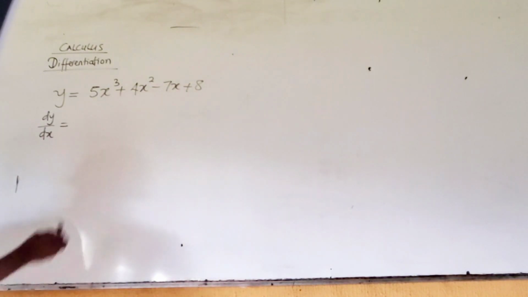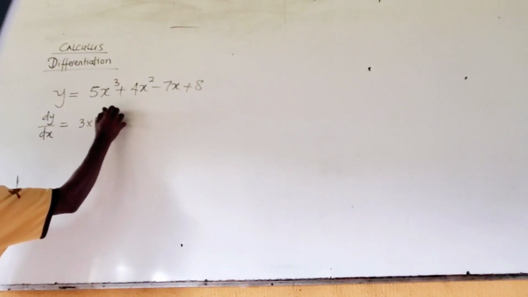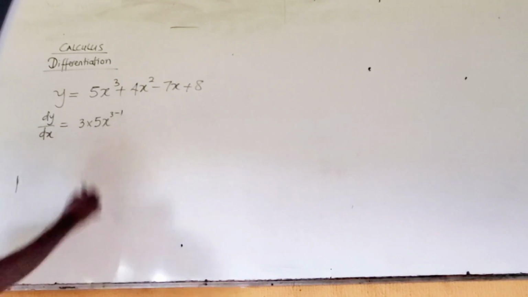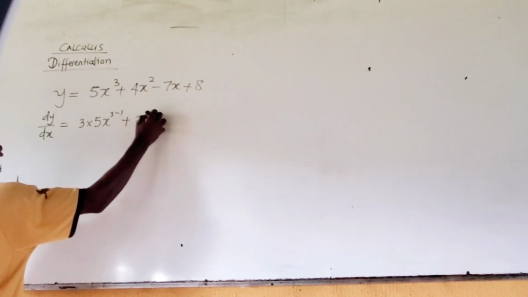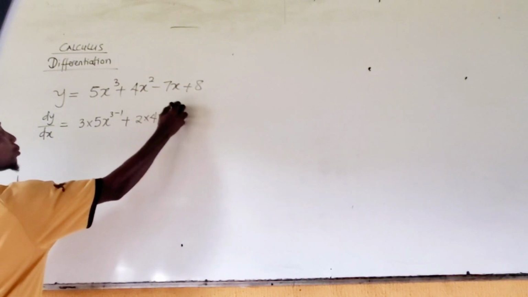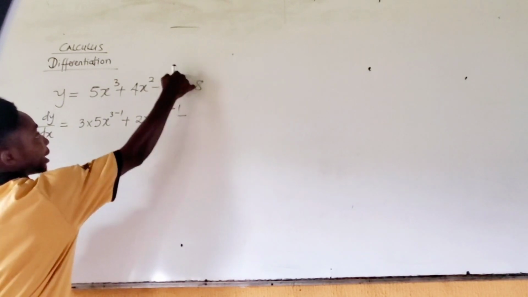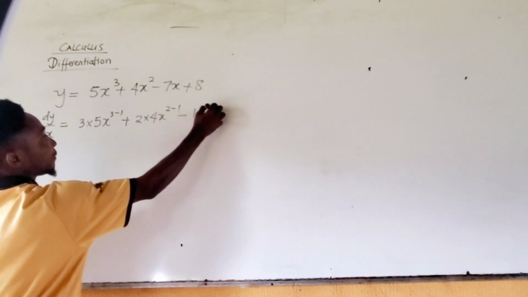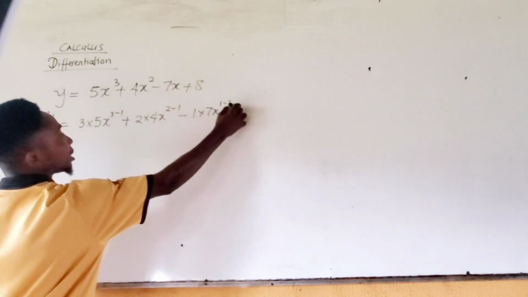So the same procedure: use the power 3 to multiply the 5x to the power 3 and subtract 1 from the power. Plus the power here is 2 to multiply this and subtract 1 from the power. Minus the power here is 1 times 7x and subtract 1 from the power. Differentiating a constant is what?